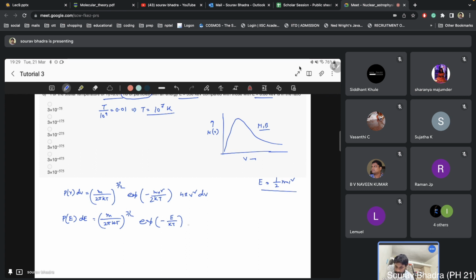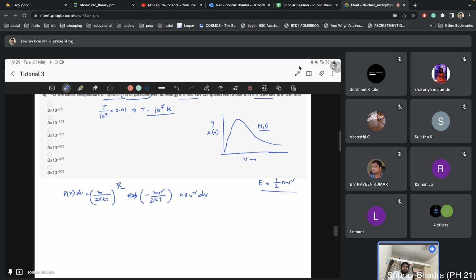So I don't need this for this exact calculation. This I will need in another question. So I will just write it from P(v) dv, the phi v. Phi v is actually (m by 2 pi kT) to the power 3 by 2 times exponential minus mv square by 2kT times v square, proportional to, because I have not written the 4 pi term or anything, and I have eliminated the dv from both sides.